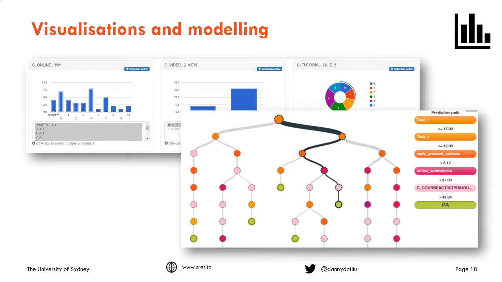We also have something a bit more complicated, maybe more towards the end of the semester when you have a bit more information. It depends on the power. This is some machine learning, so it's able to do some analytics to develop some trees. It's a bit of an experimental feature we have in there, but it's worth mentioning because it can give you great feedback on where the important forks are within the course.